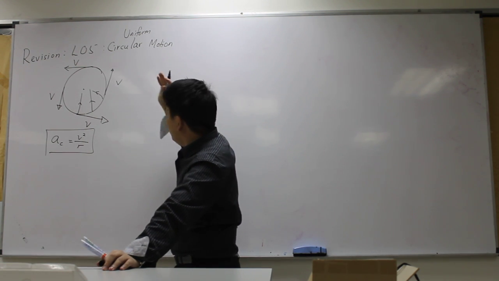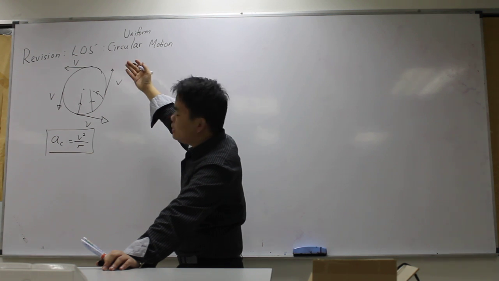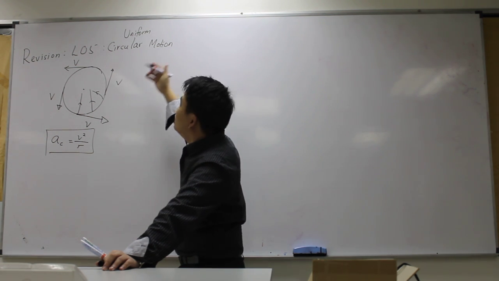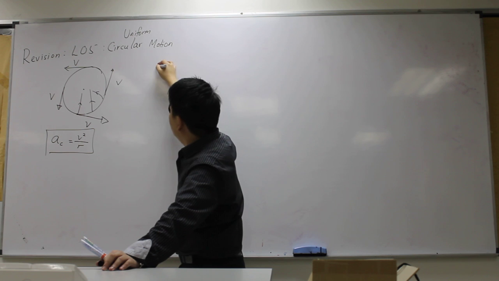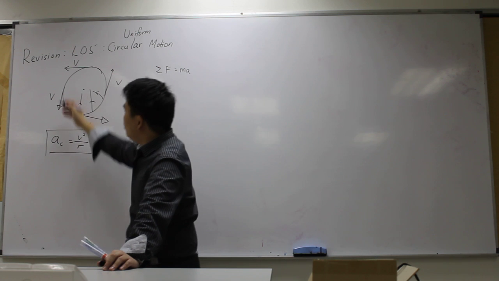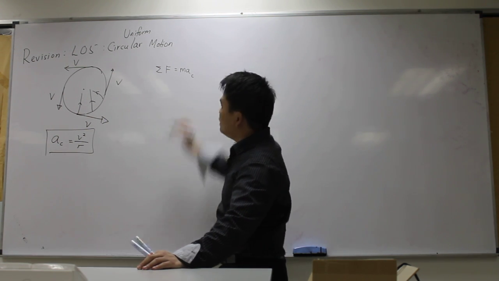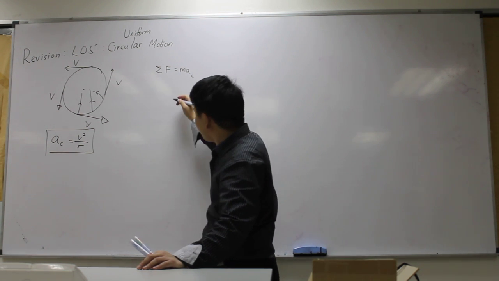So in order to answer or understand this question, we still need to use Newton's law, whereby still the same thing, sigma F equal to ma, but if it's a circular motion, then we can say it's m a_c. Let me give you a simple example.